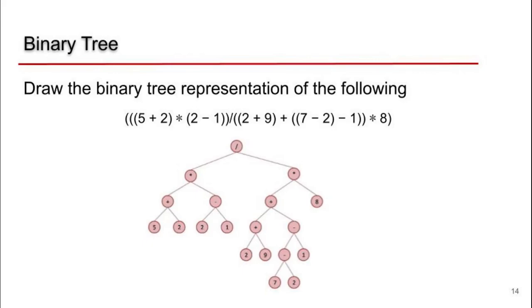So you start with 7 minus 2, and then minus 1. Then you calculate this level, and then the other level, and so on until you reach the result.